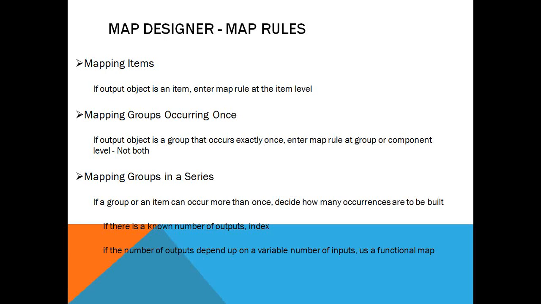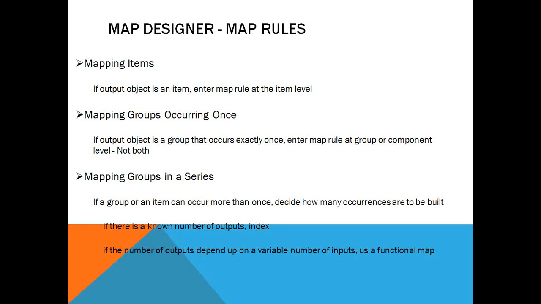The simpler way is at item level. If you want to do it at group level, you can write a functional map, or you can do one group to group mapping. When is it possible to do group to group mapping, tell me. I already told you, right? When the type trees are the same. No, not only when the types are the same. The other point.